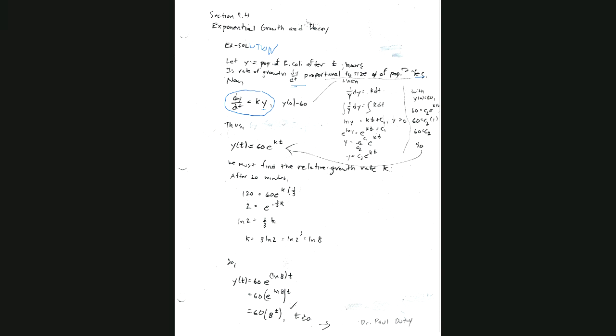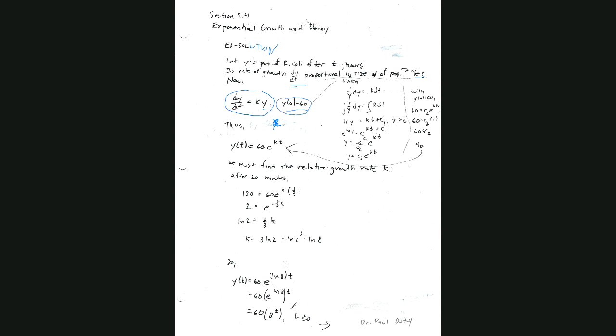We're also given the initial condition that we start out with 60 cells. Now in the book, the second formula in section 7.4 lays out the solution for this differential equation with this initial value.